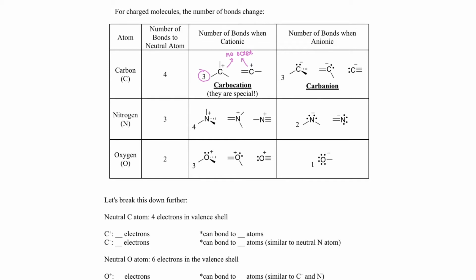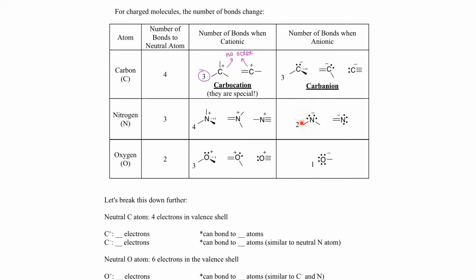You can see that in these 3 examples, we have 4 bonds in all of the cases. And moving on to when it's anionic with a negative charge, then you're going to have 2 bonds instead of 4, right? So in both of these cases, you see that you have 2 single bonds or just 1 double bond.